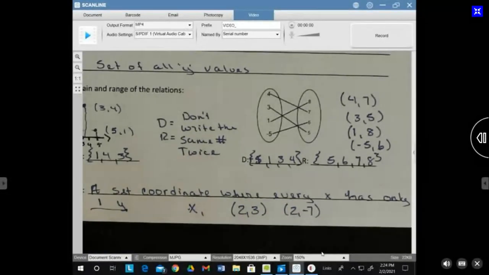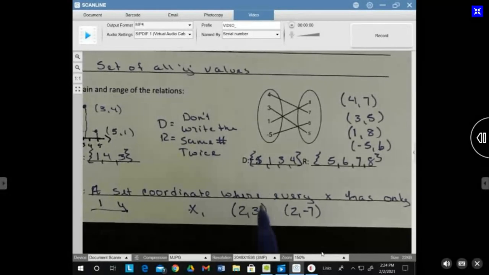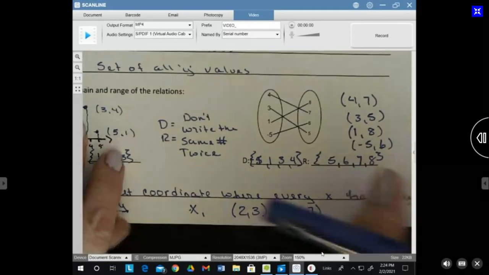Does that make sense, guys? Whenever you're looking at a table or a graph, the easy way to see if it's a function: if any X values show up twice, then you're going to say it's not a function. So let's practice that on the flip side of the page.